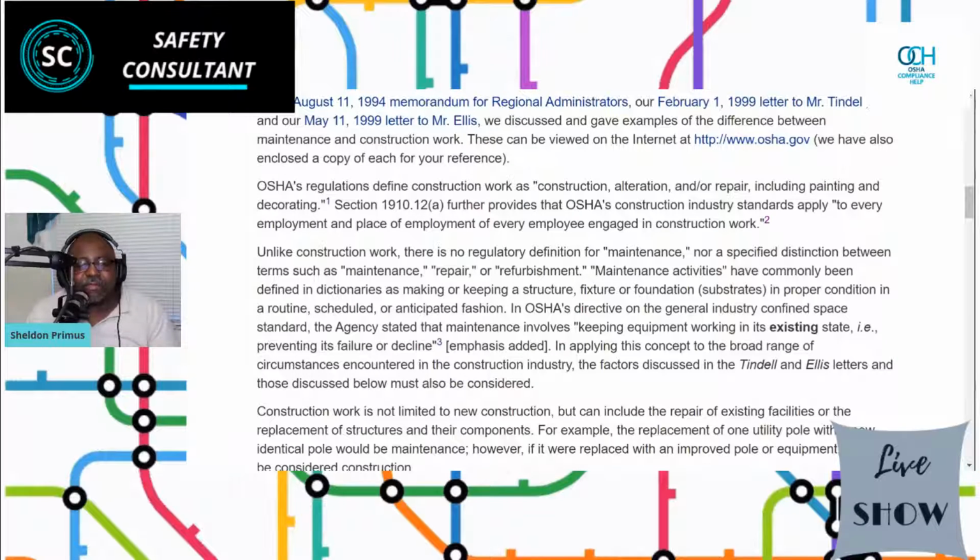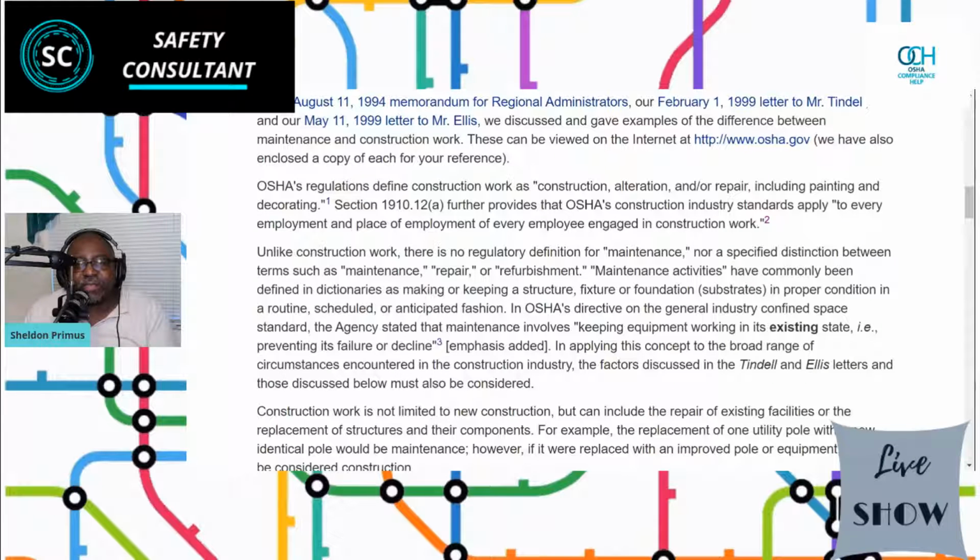For maintenance, they go back into the actual dictionary, and the dictionary defines it as making or keeping a structure, fixture, or foundation (substrates in parentheses) in proper condition in a routine, scheduled, and anticipated fashion. That's the key.